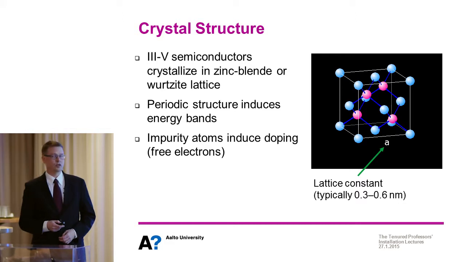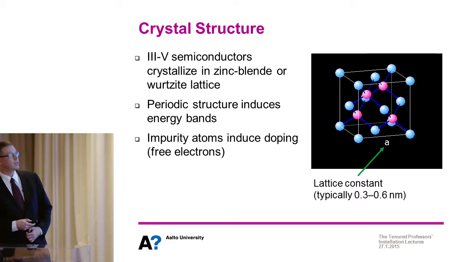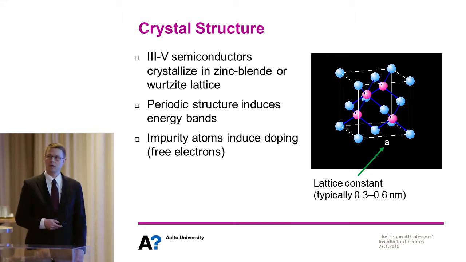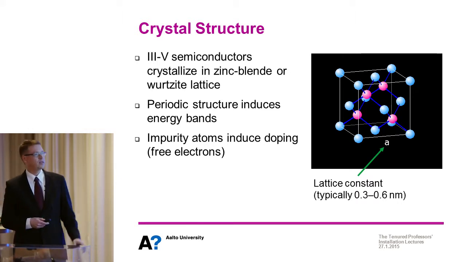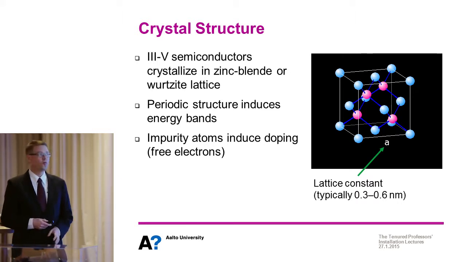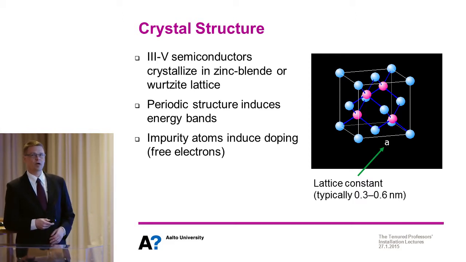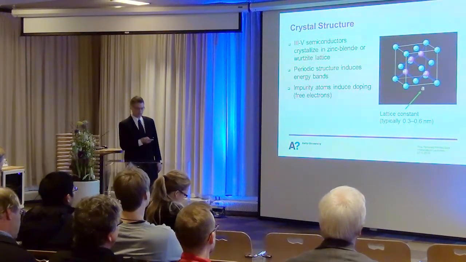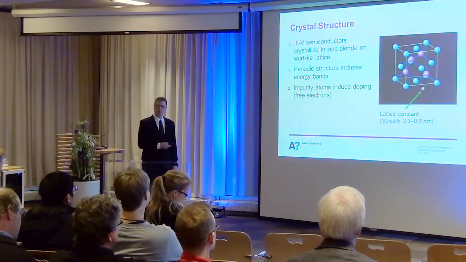Here is a picture of the zinc blende lattice, where there are two different kinds of atoms. The group 3 and group 5 atoms have their own places in this lattice. This ordering forms energy bands, so that we have clearly defined energies which can interact with light. And we can also dope these materials to change their conductivity.